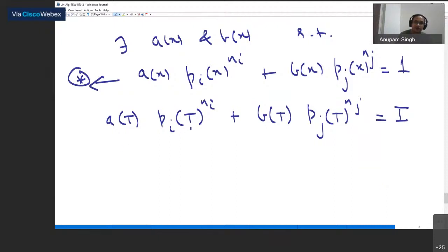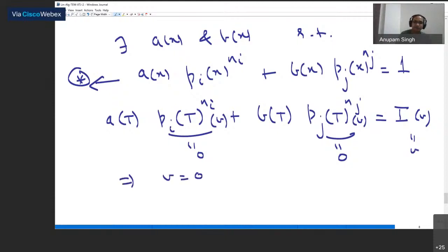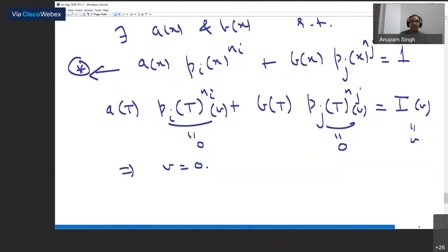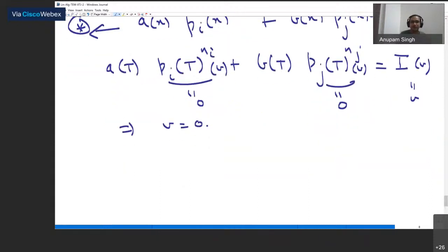I apply v here, and then I apply v here. What do you get? We have seen that this is 0, this is 0, and identity of v is v. So this will imply v is 0. Right? Very basic ring theory about polynomials helps me to prove this very quickly. You can see that this is very easy to prove.